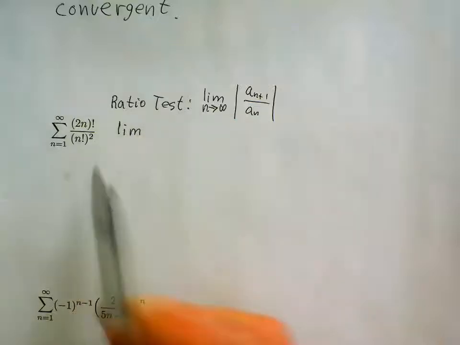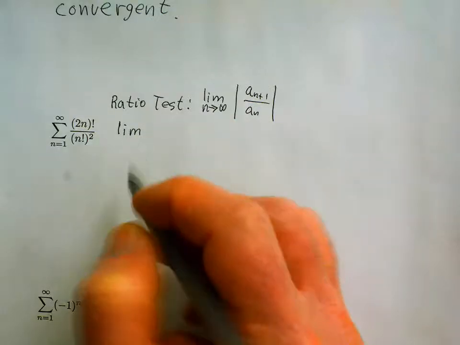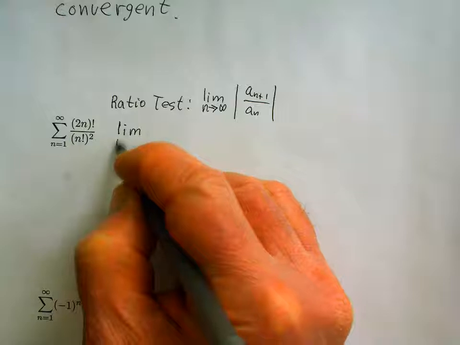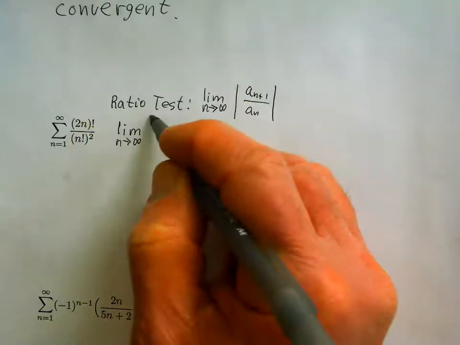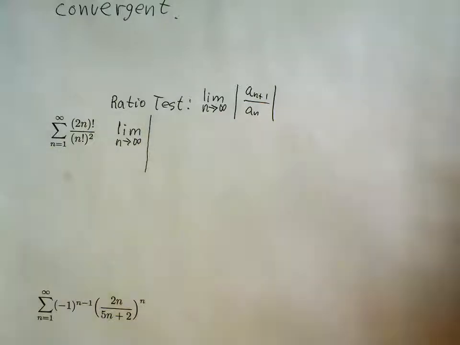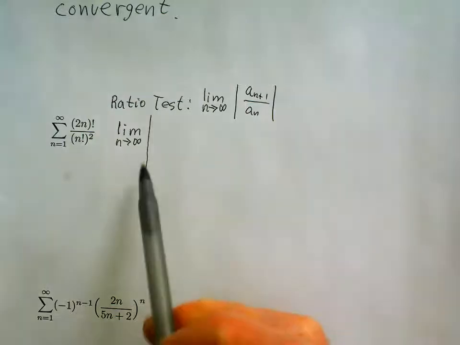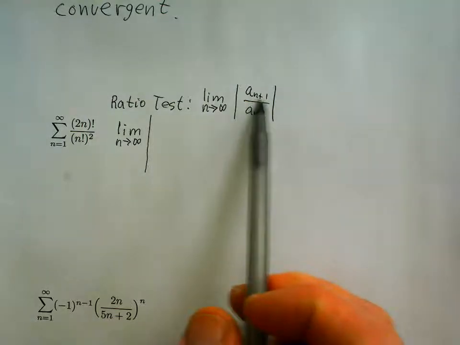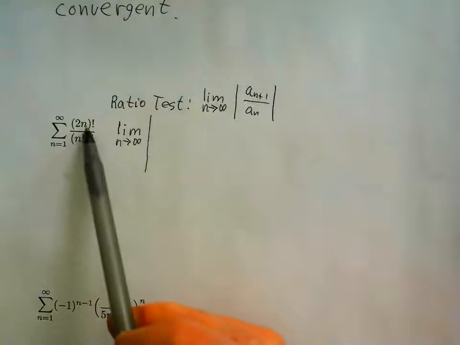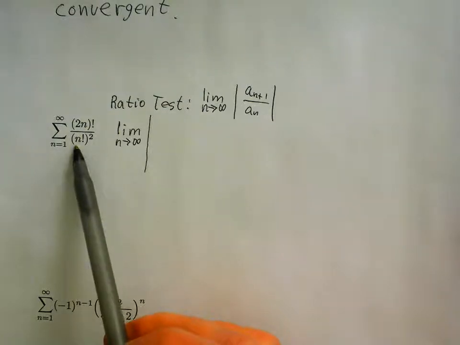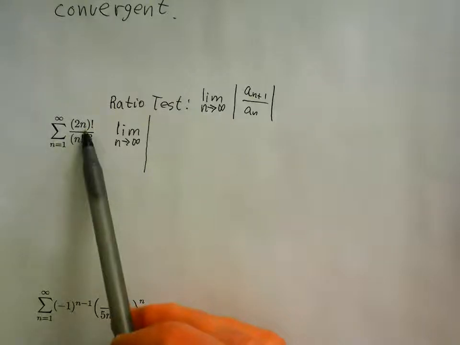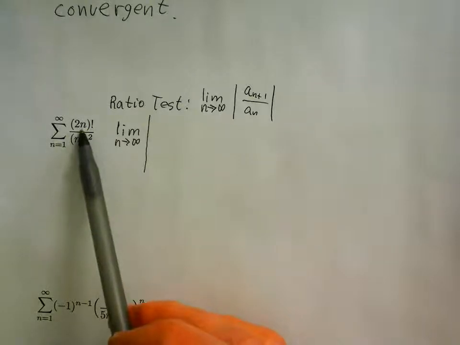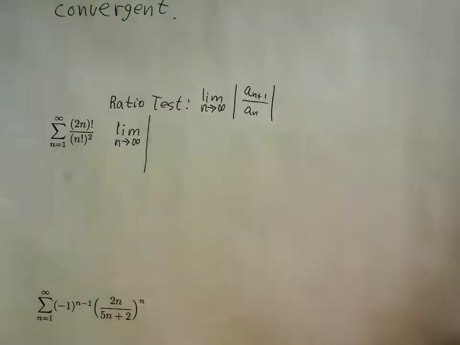Well, be careful with the arithmetic with these factorials. Once again, we don't need the absolute values, but I'll put them in. So the a sub n plus 1, that's what you get when you replace each of the n's with n plus 1. So inside this set of parentheses, we have 2 times the quantity n plus 1, which is 2n plus 2.